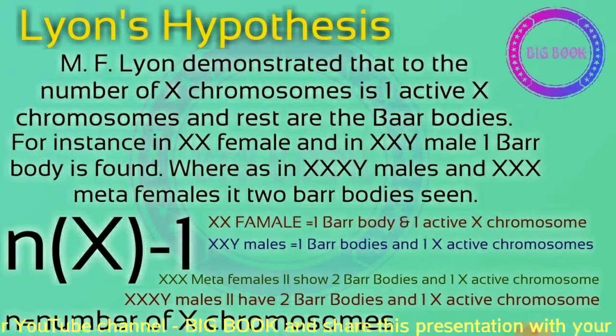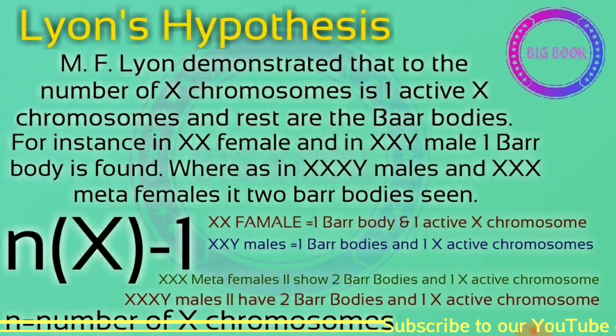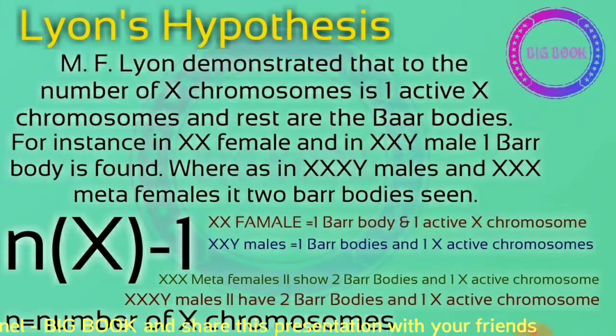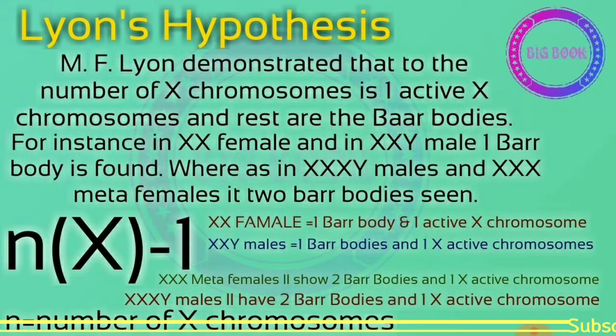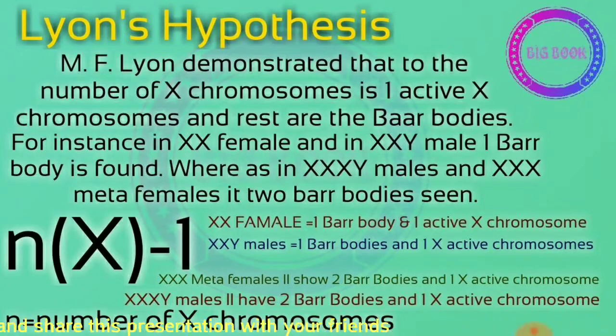So here it is understood that whatever the total number of X chromosomes present, one X chromosome remains active and the rest remain inactive X chromosomes in the female sex.